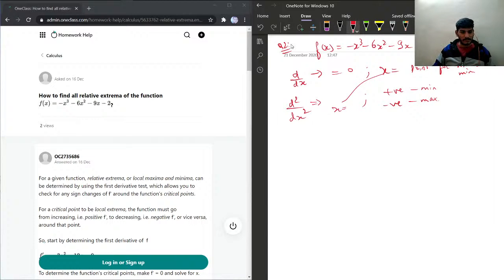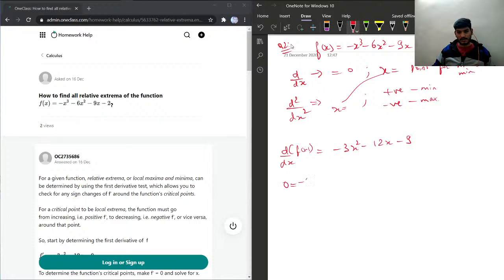So first I'm just going to take the derivative of this function. The derivative of f of x will be minus 3x squared minus 12x minus 9, and we'll set this equal to 0.